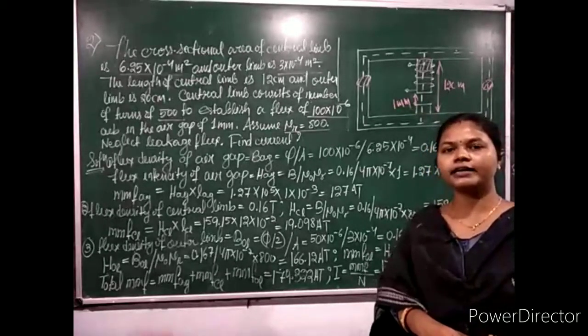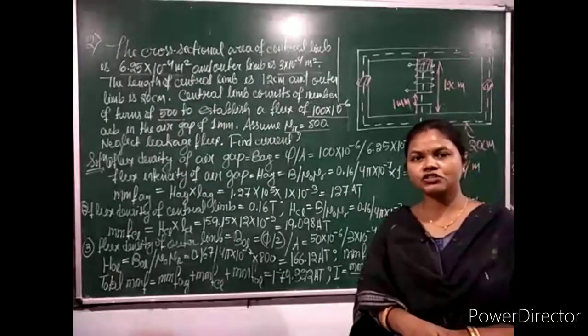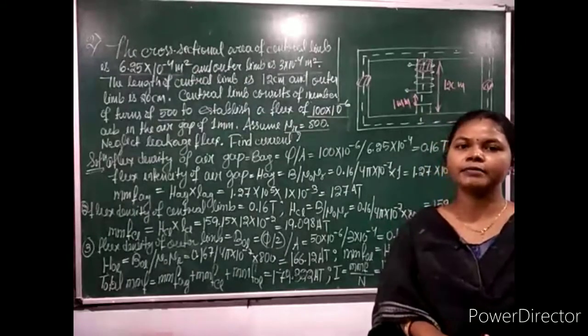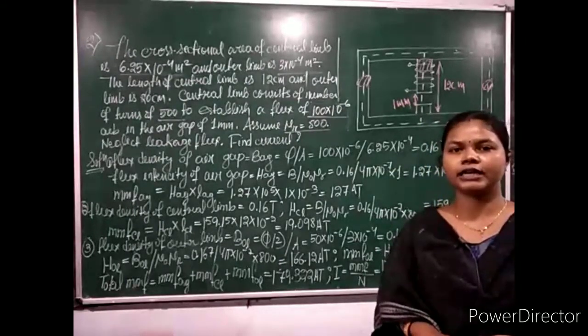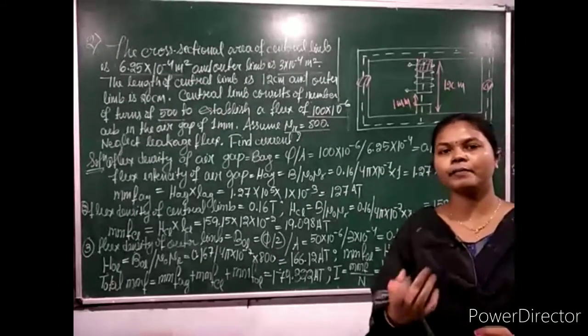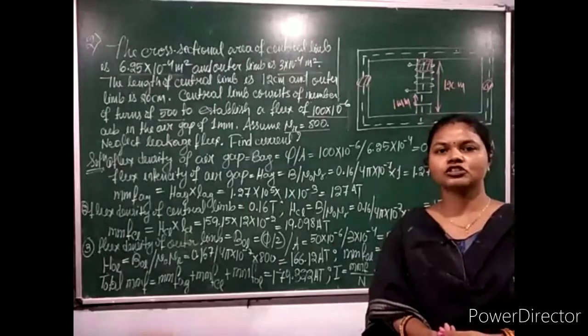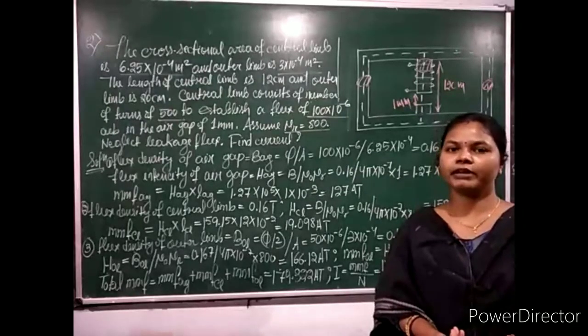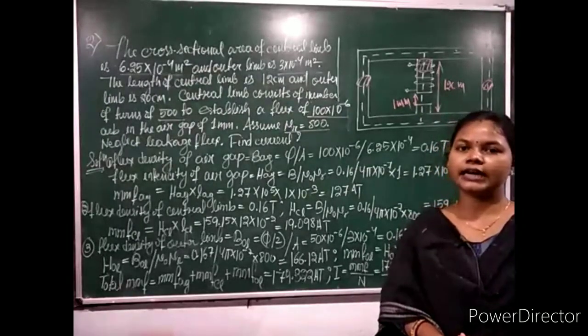So for finding total MMF, first we find MMF of air gap, MMF of central limb and MMF of outer limb. Then we have to add them, which gives total MMF of this magnetic circuit, from which we will calculate current.